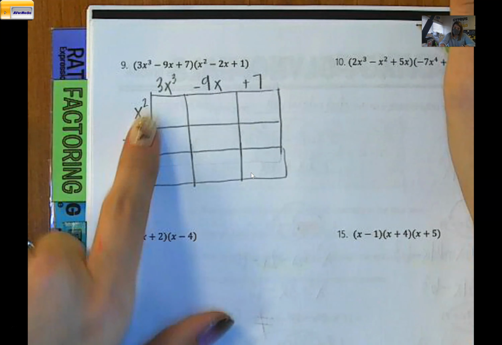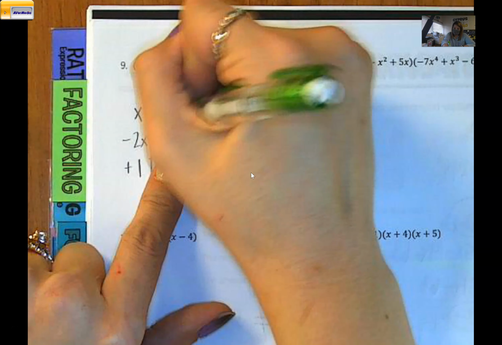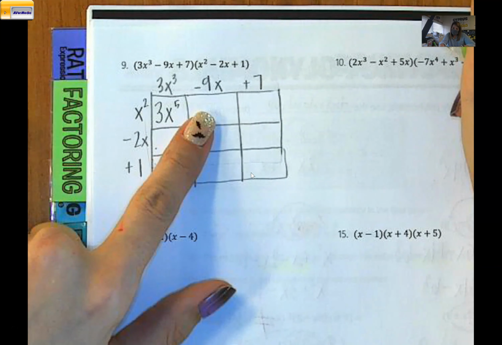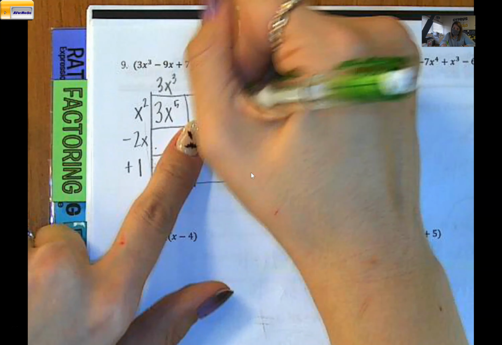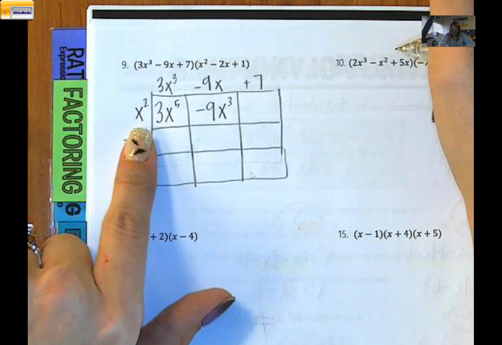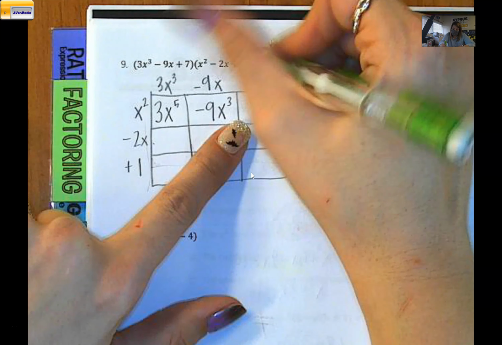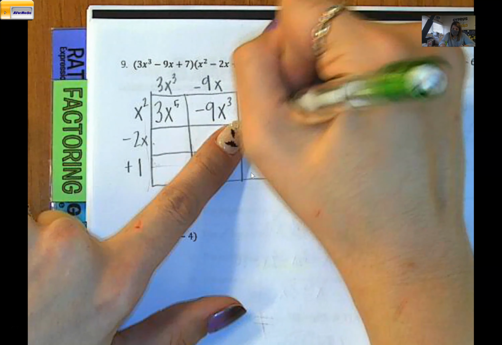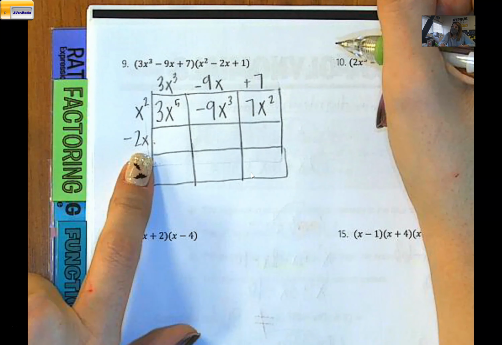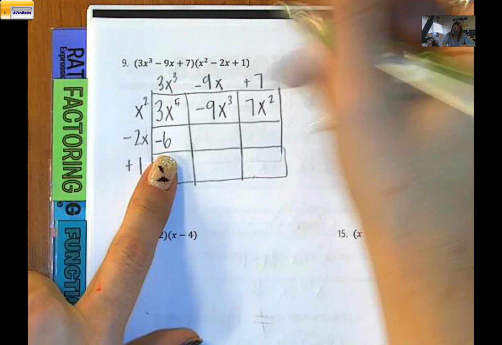Okay, x squared and 3x cubed is going to go to 3x to the 5th. X squared times minus 9x is going to go to minus 9x cubed. X squared times positive 7 is 7x squared. Middle row, negative 2 times positive 3 is negative 6.